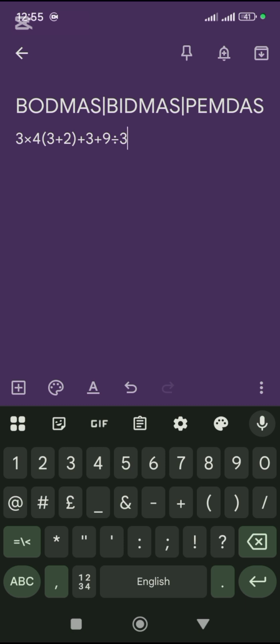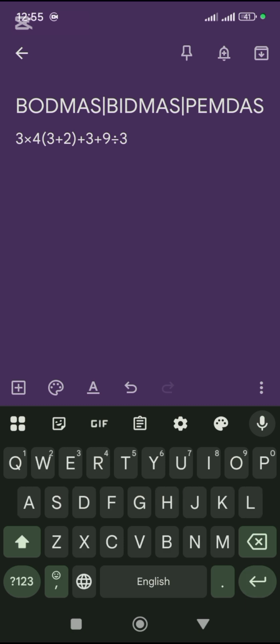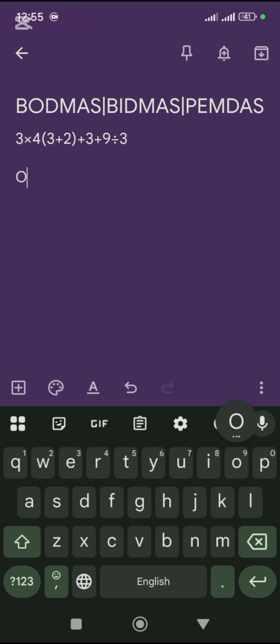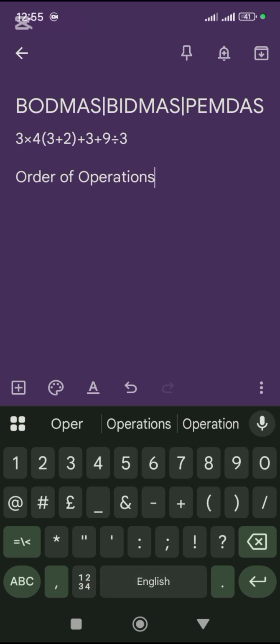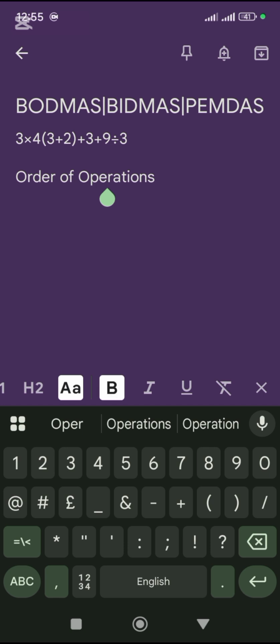For our focus in this class, it will be order of operations. Order of operations. Let me make it bold. So that will be our focus for this class, the order of operations.